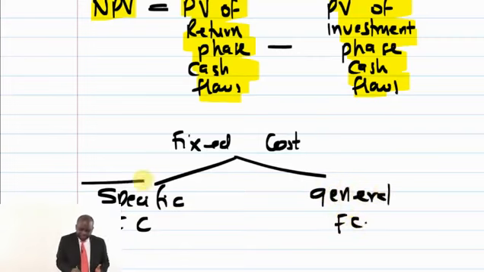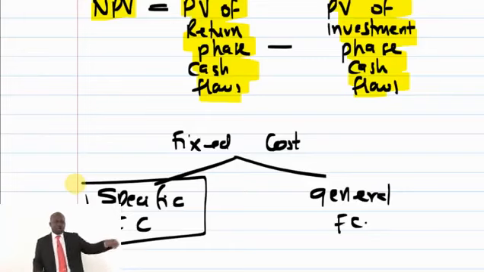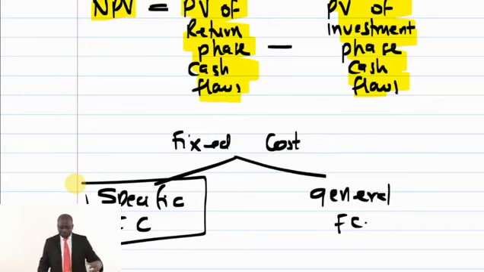Specific fixed costs are those fixed costs which are incurred as a direct consequence of you undertaking that particular activity. And once it's incurred as a direct consequence of you taking that activity, obviously it becomes what? A relevant cash flow.